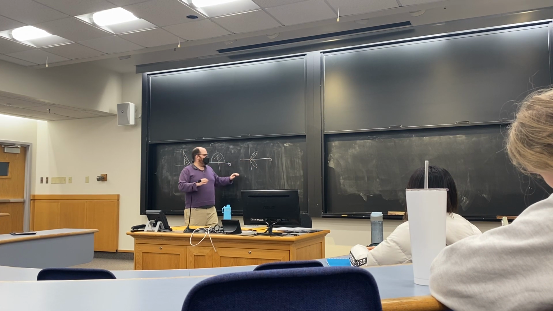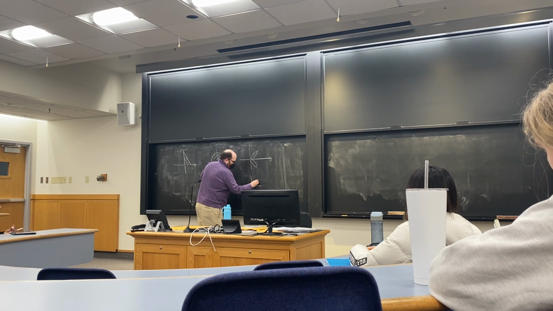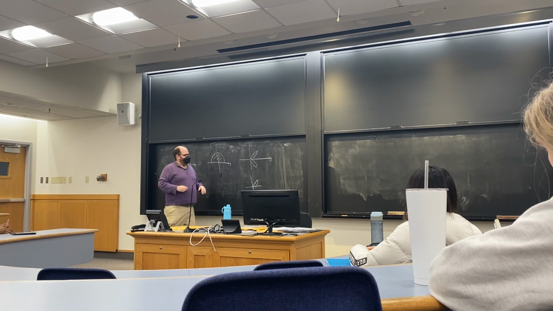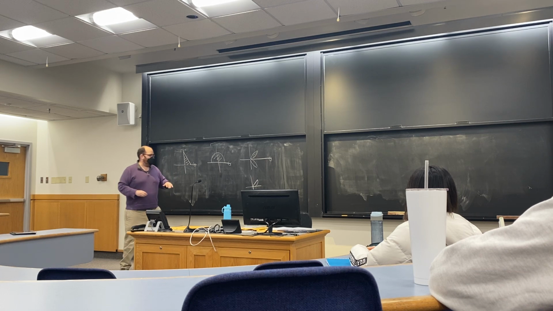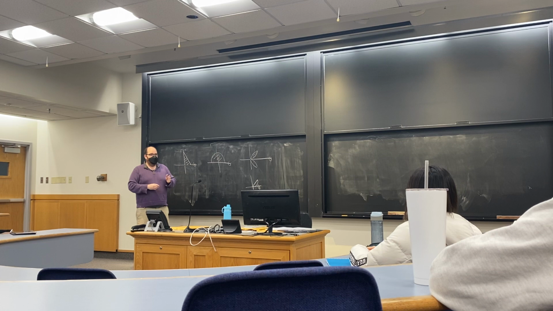So maybe I'll start with a slightly different one. What if I had this, and rotate it around the same axis? It would be like a disc with a curve inside.